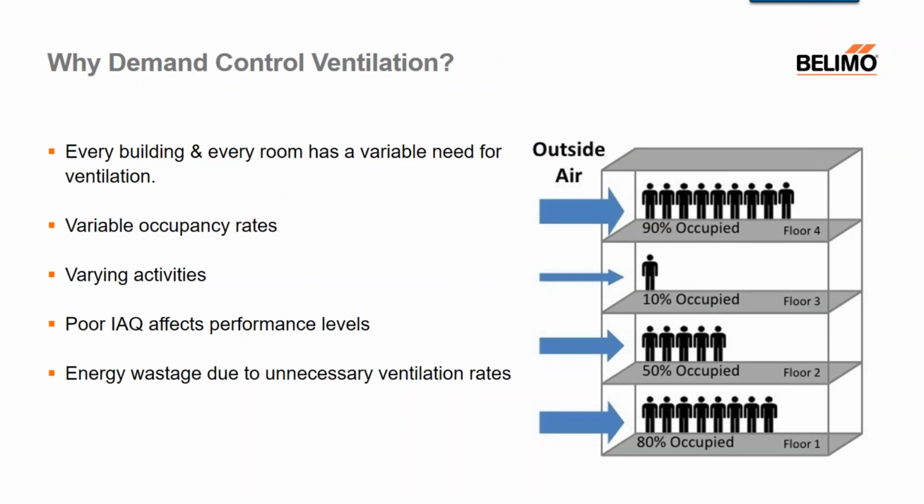As we have already established, poor indoor air quality affects performance levels. Demand control ventilation is required to prevent energy wastage due to unnecessary ventilation rates. For example, operating maximum ventilation where there is low or zero occupancy levels.